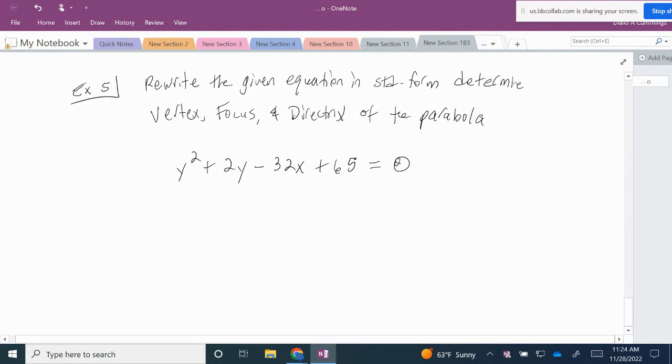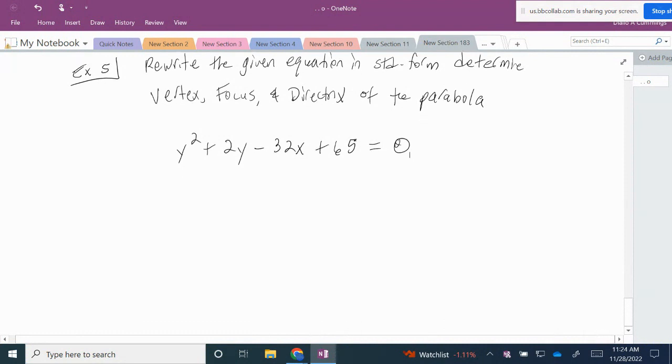So the first thing we must do is find a model form. Notice that for a parabola, only one variable can be squared, never both. In this case, only the y variable is squared. So I know it's going to be one of the two horizontal axis formulas. I'm actually going to have to complete the square for this problem.